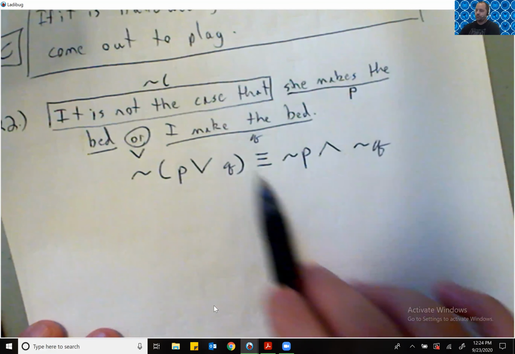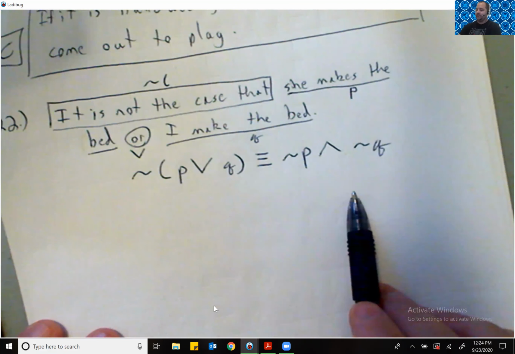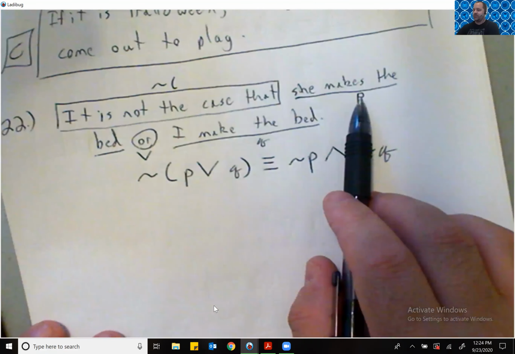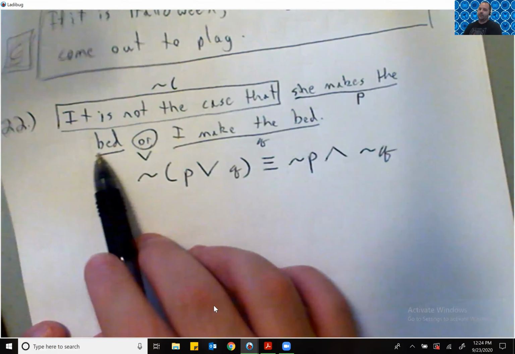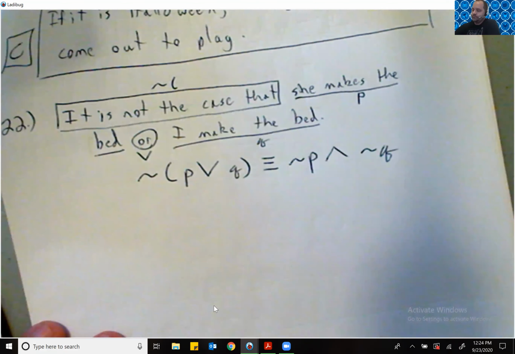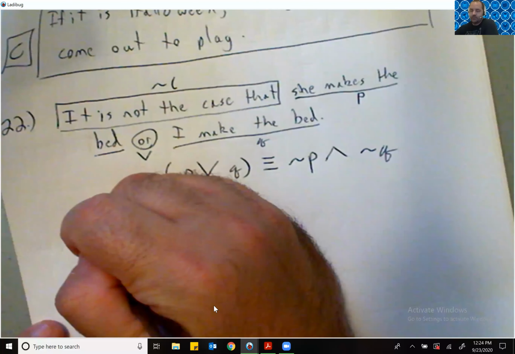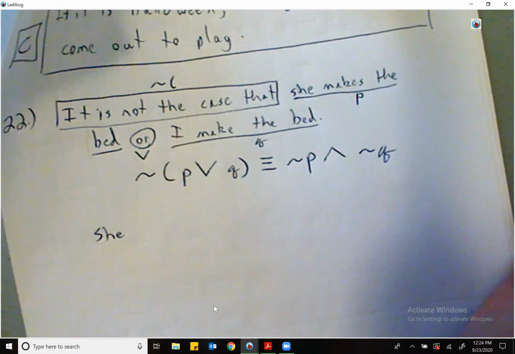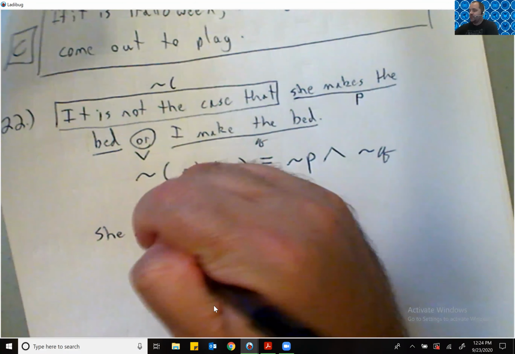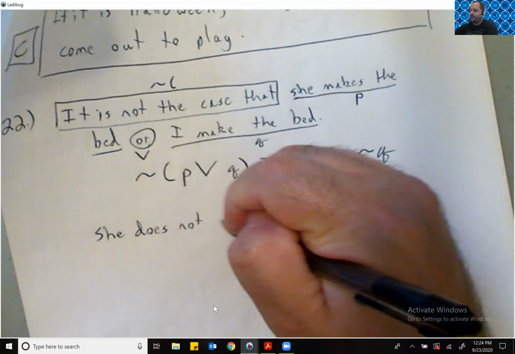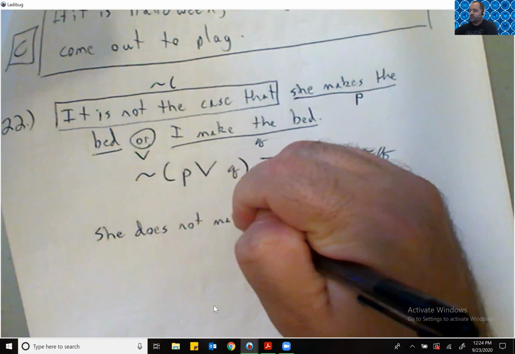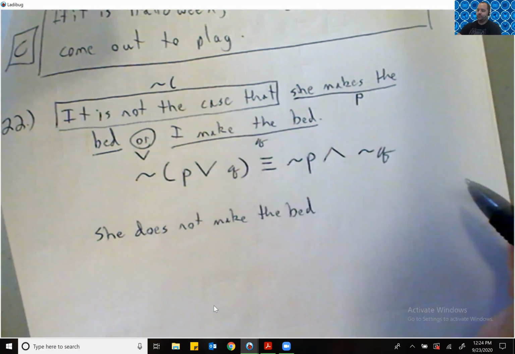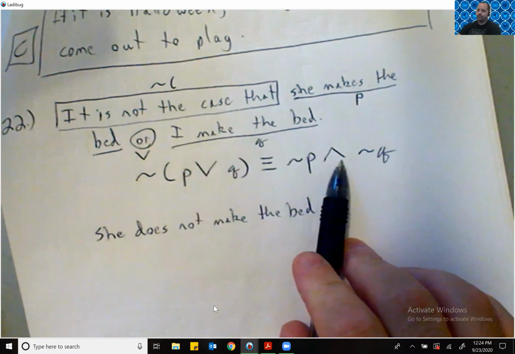So we need to negate P. You told me that P is she makes the bed. Give me the negation. She does not make the bed. There you go. What's this symbol? And.